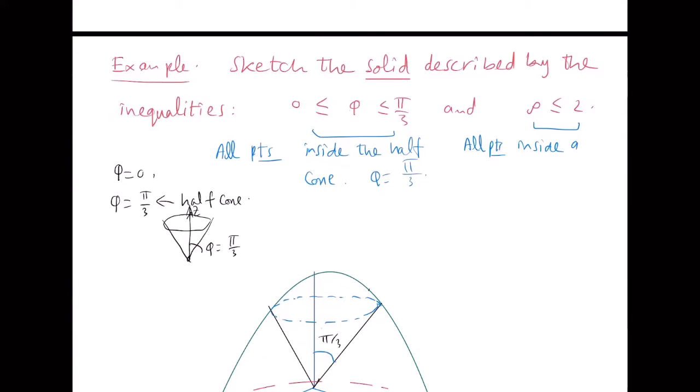All points inside what? A sphere with center O, radius 2. Rho equals 2. Center origin, radius 2. If you need to write the equation in x, y, and z, write it. But if this is clear for you, go for it directly.